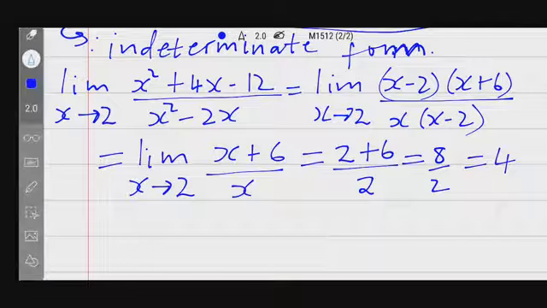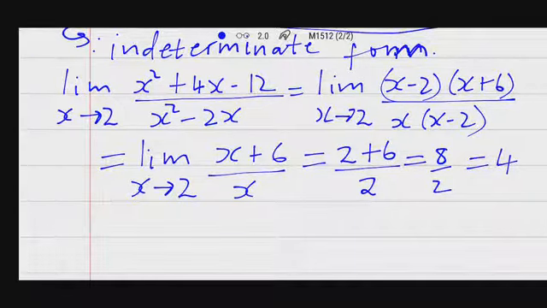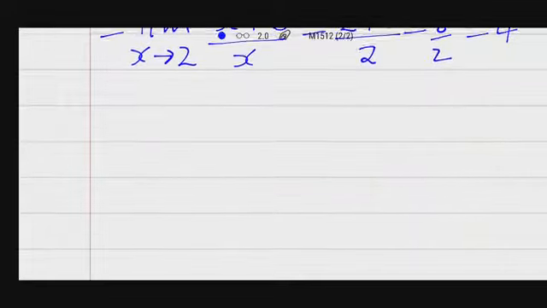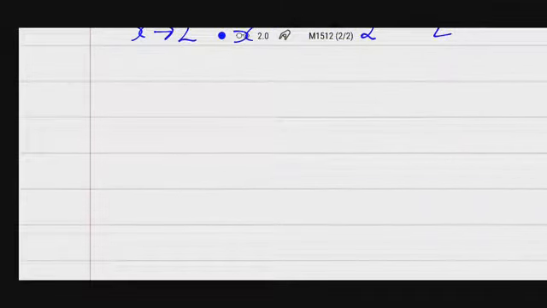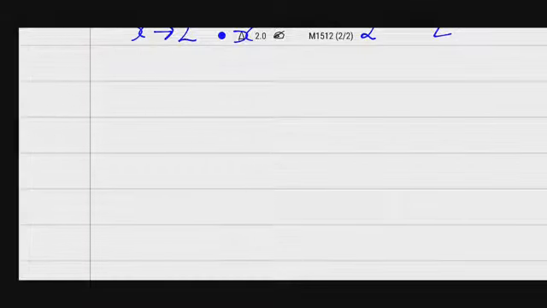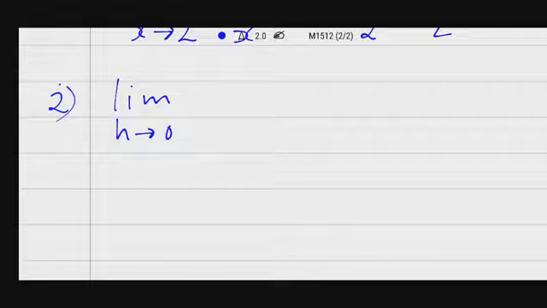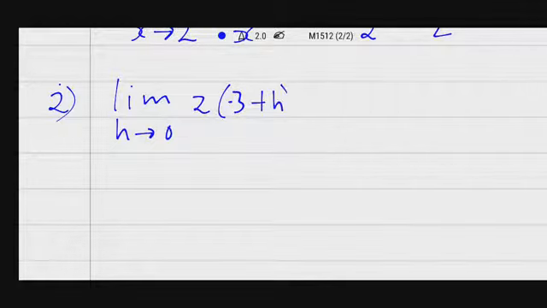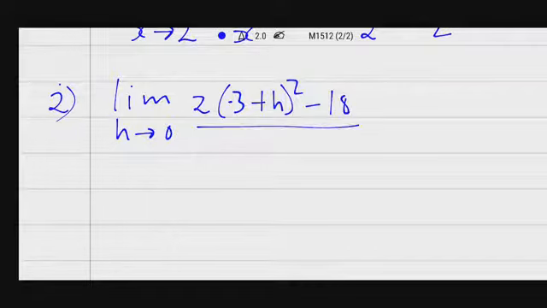That's one example. Now let's look at another example, probably with a different case. Let's look at number 2, the second example, where we have the limit as h goes to 0 of 2 times (minus 3 plus h) squared minus 18, divided by h.